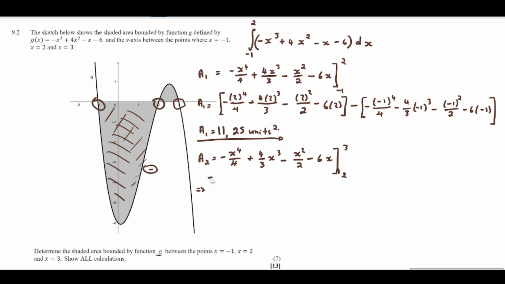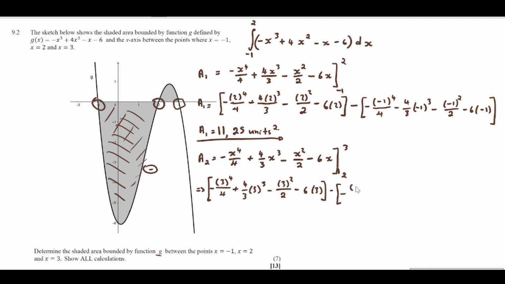We're going to start with 3, so let me just put my square bracket here. So that means I'm going to have negative 3 to the exponent of 4 all divided by 4 plus 4 divided by 3 into 3 to the exponent of 3 minus 3 to the exponent of 2 divided by 2 minus 6 into 3, minus open bracket, then you're going to have negative 2.